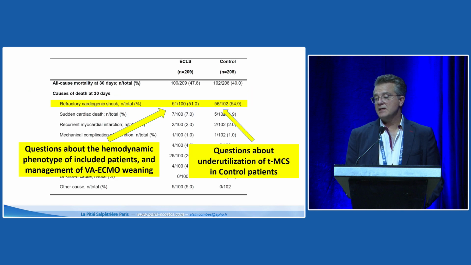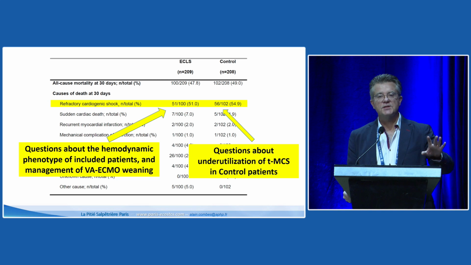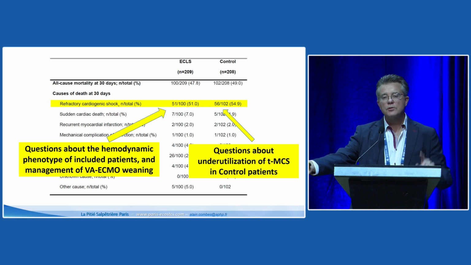One of the last slides, the reason for death. It's very important to have a look at the supplement. Same for the DanGer Shock trial. There are very surprising elements in the supplement of DanGer Shock. Here is the reason for death. Half of them are refractory cardiogenic shock. Why is that?